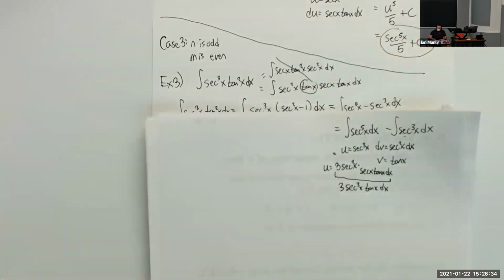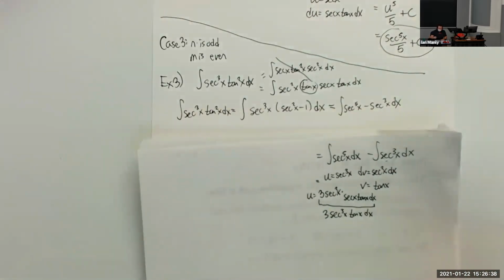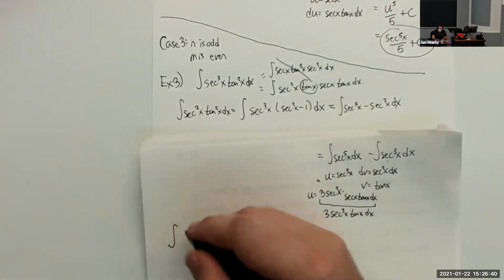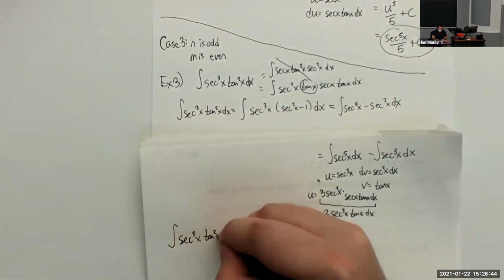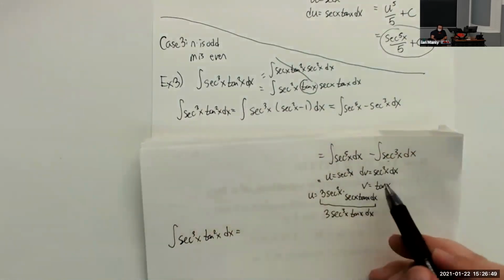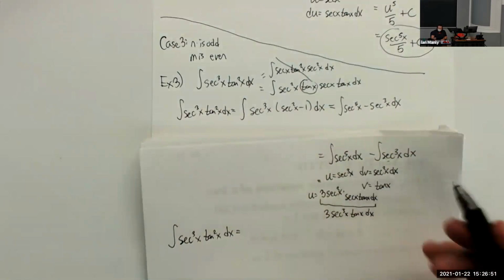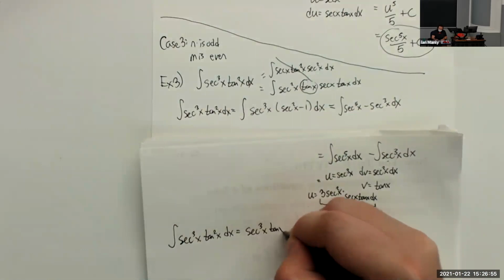Okay, so let's get a little bit more organized here. Let's rewrite what we have. Our original integral was the integral of secant cubed tangent squared. And based on this integration by parts here, we do u times v. So it's going to be secant cubed times tangent.